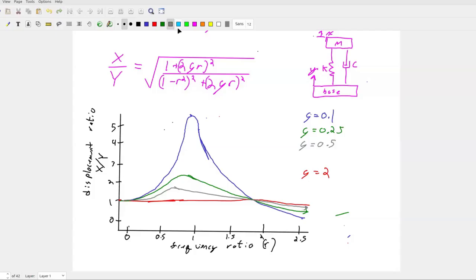And what you can see here is that, just like before, I have my peak values following this line, but now I have another interesting point here, which is where they all cross. And that value is R equal to the square root of 2.